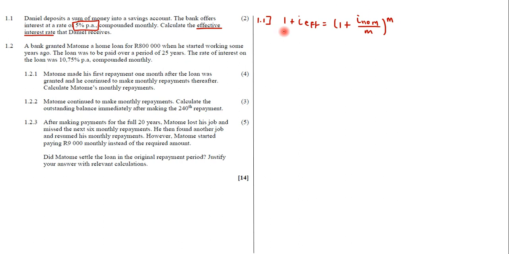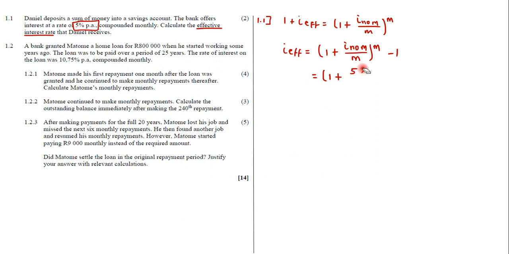All right, now another trick that I'll teach you right now is whenever you're doing the questions in financial maths, always start off by making what you want to solve the subject of the formula. In this case, we want to solve for effective, so I'm going to make that the subject of the formula. And then from here, all I need to do is to substitute once, and then that's it.